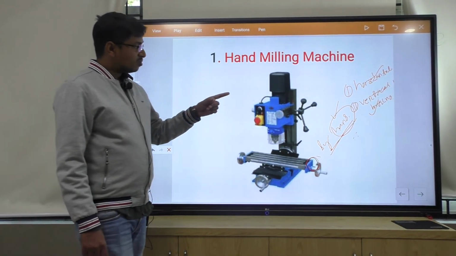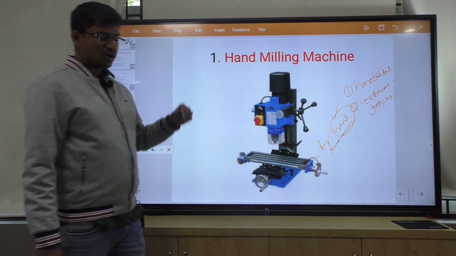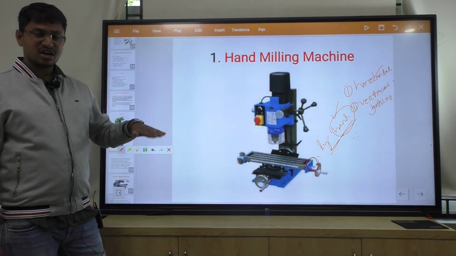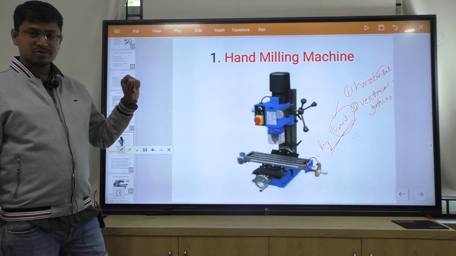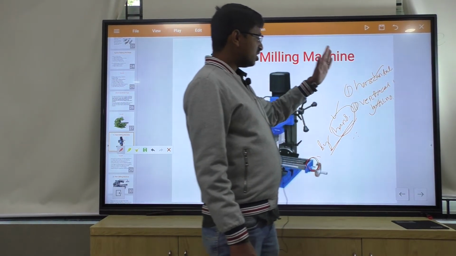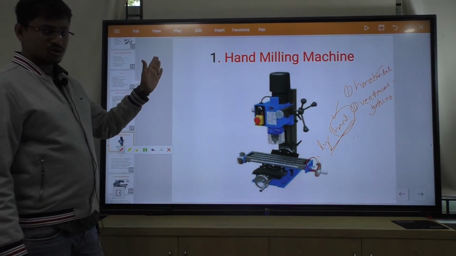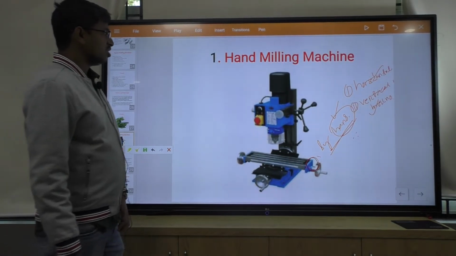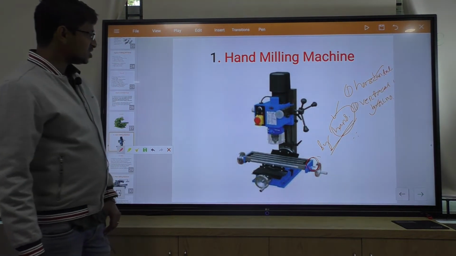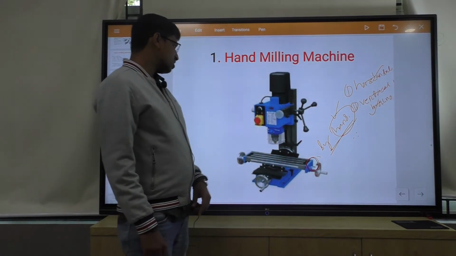In horizontal milling machines we can produce flat surfaces, but in vertical milling machines we can produce flat surfaces in any plane, meaning horizontal, vertical, or angular positions, because the spindle can rotate, move up and down. So hand milling machines can be horizontal or vertical. Why are they called hand milling machines? Because we provide power by hand for the motions of the table.